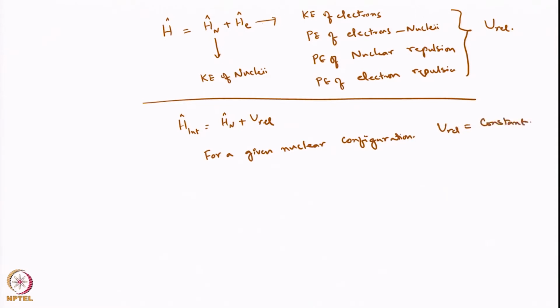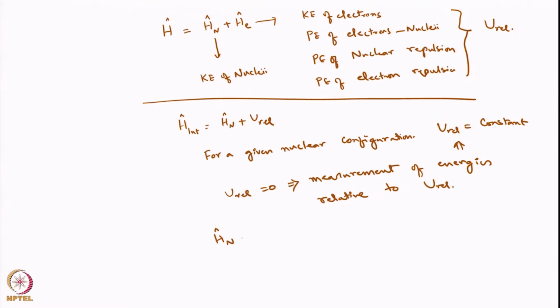And we can always measure energies with respect to some constant, that is U relative. Therefore, one can treat U relative equal to 0, that means measurement of energies relative to U. So what you get is H nuclear is equal to H internal.